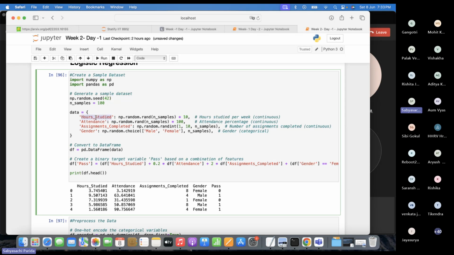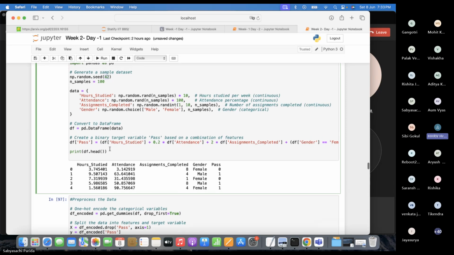Okay. See the hours studied, this is what I have, randomly generated those numbers. These numbers need to be constant every time I iterate through it. Each time I run, the numbers need to be the same. That is why I have fixed this number. So it can be 42, it can be 112, anything which I can fix. But I need to keep in mind that the same number needs to be given every time.